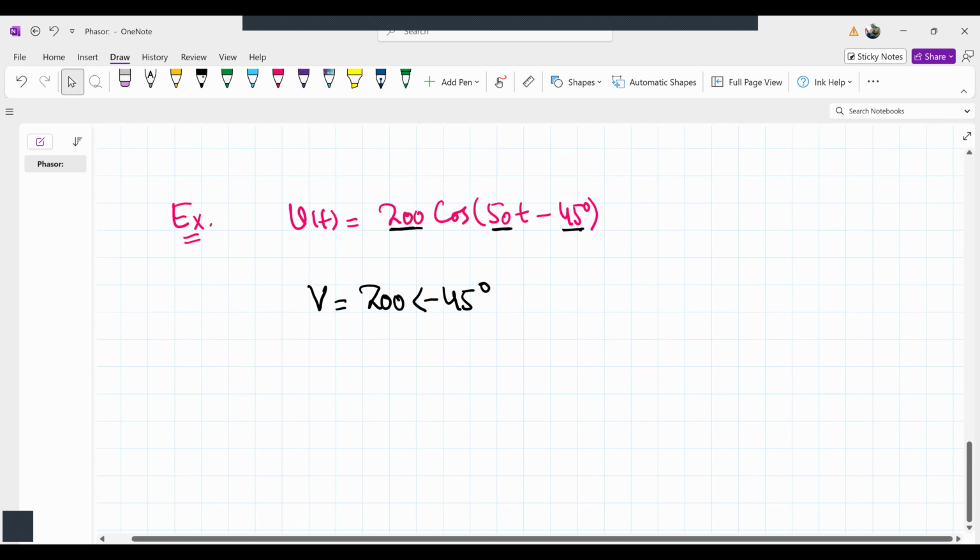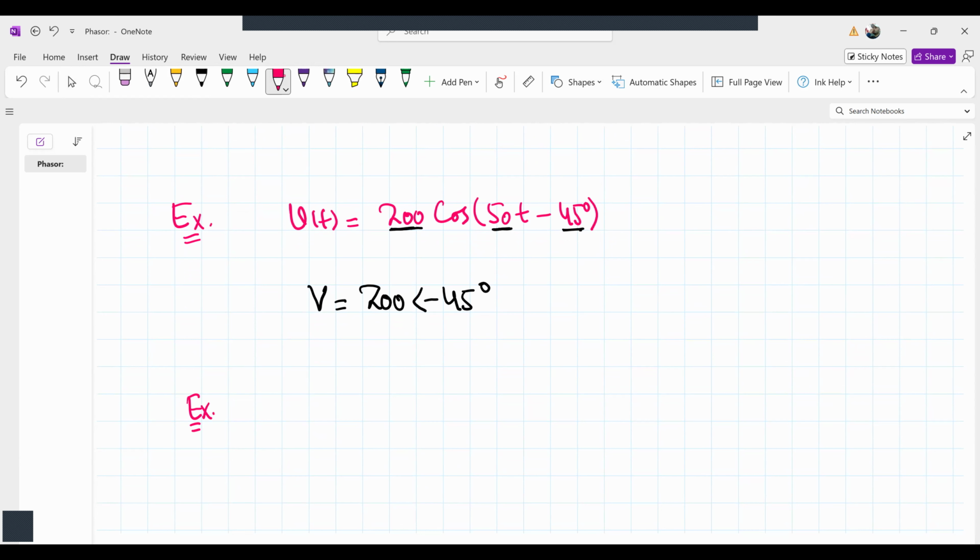Similarly, if the current at any time t is given as i(t) equal to 5 cosine(100t minus 40 degrees), the amplitude of this cosine wave is 5, the frequency is 100 radians per second, and the phase is minus 40 degrees.